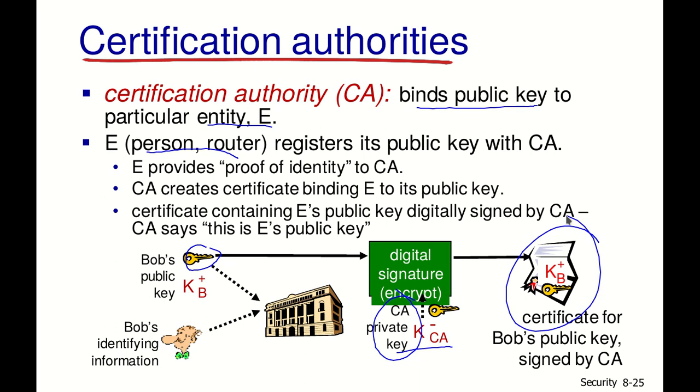If someone wants to verify whether this public key really belongs to Bob, they use the CA's public key, and then they can verify that the certificate is valid and K_B plus is really the public key that belongs to Bob.